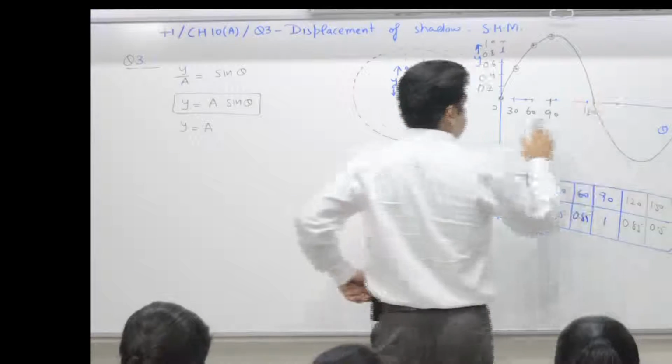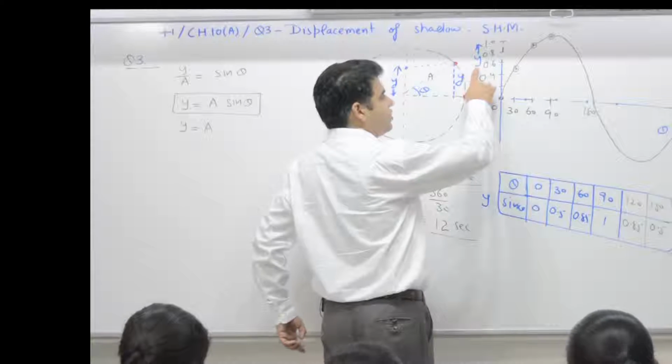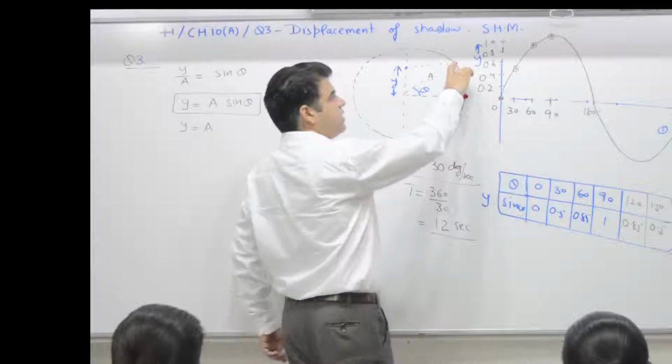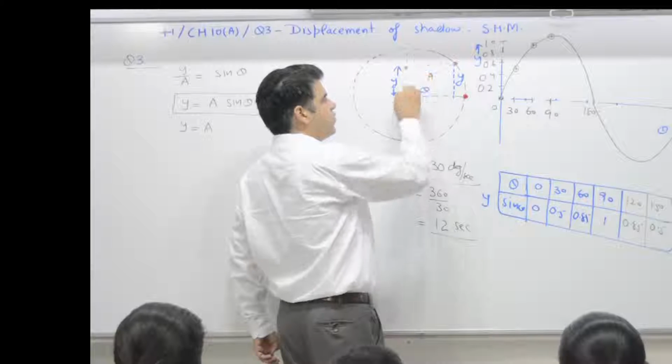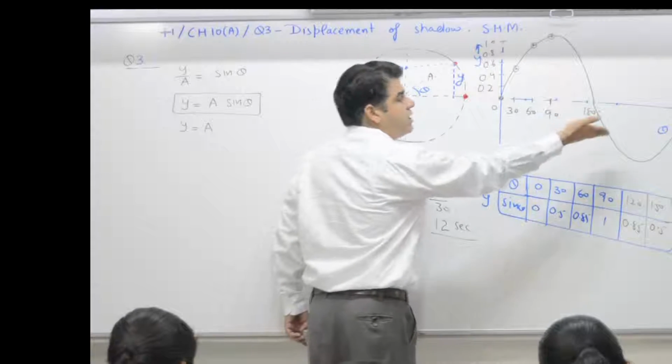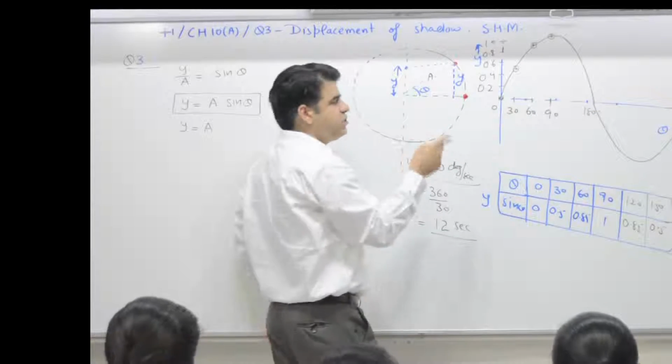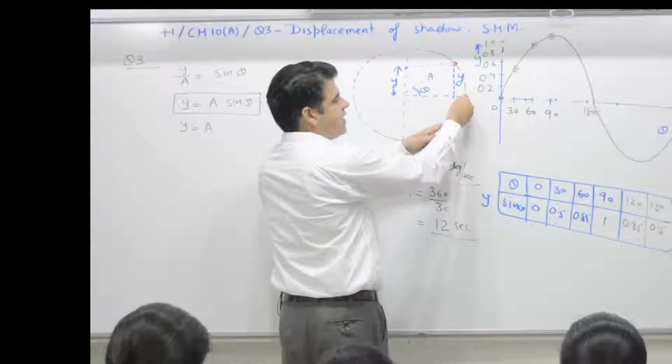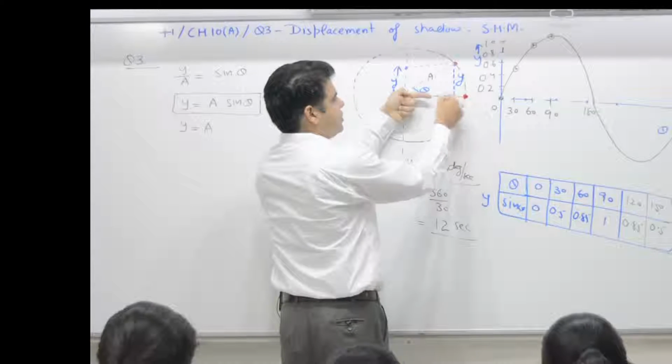This graph represents variation of displacement or y. Shadow is at what distance from origin? Y. With respect to what? Theta. As you change angle, see, the red color particle is here, theta is 0.